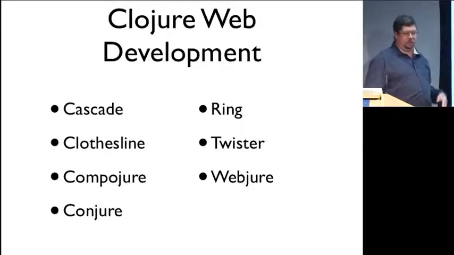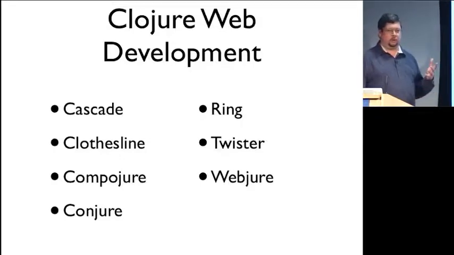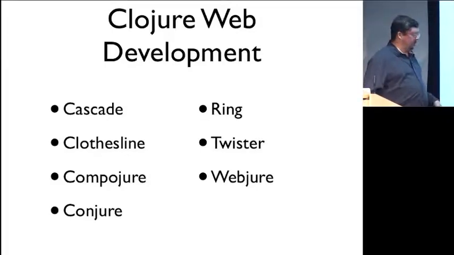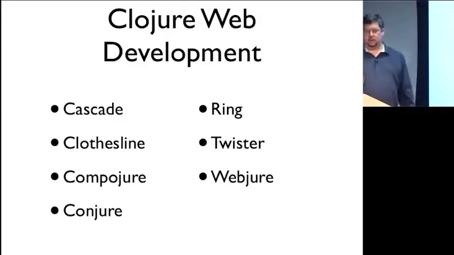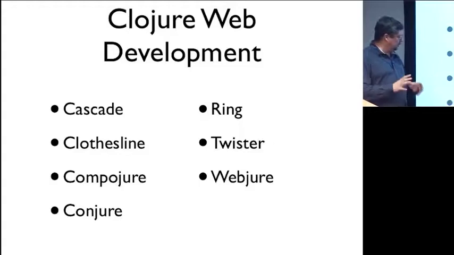My friend Howard Lewis Shipp, who wrote the Tapestry framework for Java, wrote Cascade, and as Justin mentioned in his talk, Clothesline is a Clojure port of WebMachine. Composure was really the first one to get any buzz, and it's kind of devolved.